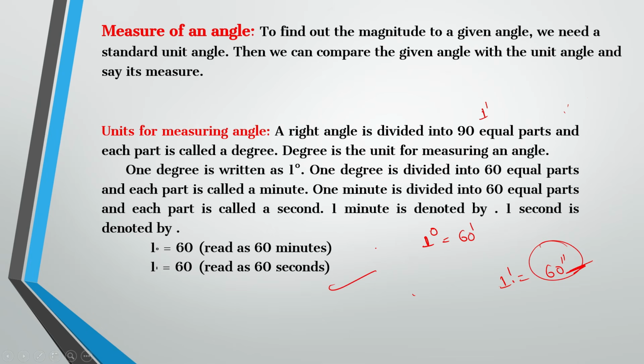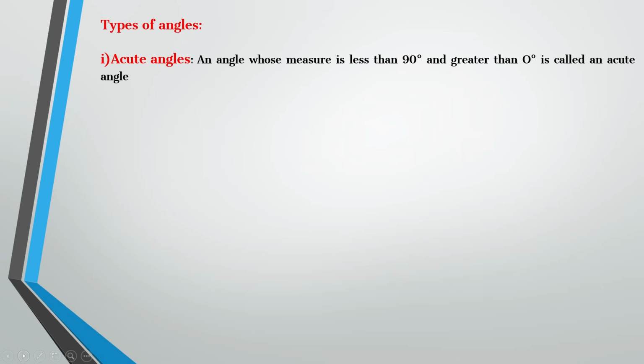Based on the measurement of these angles, we have classified them into different types. Now it is time to learn about types of angles. First one is the acute angle. An angle whose measure is less than 90 and greater than 0 is called an acute angle.